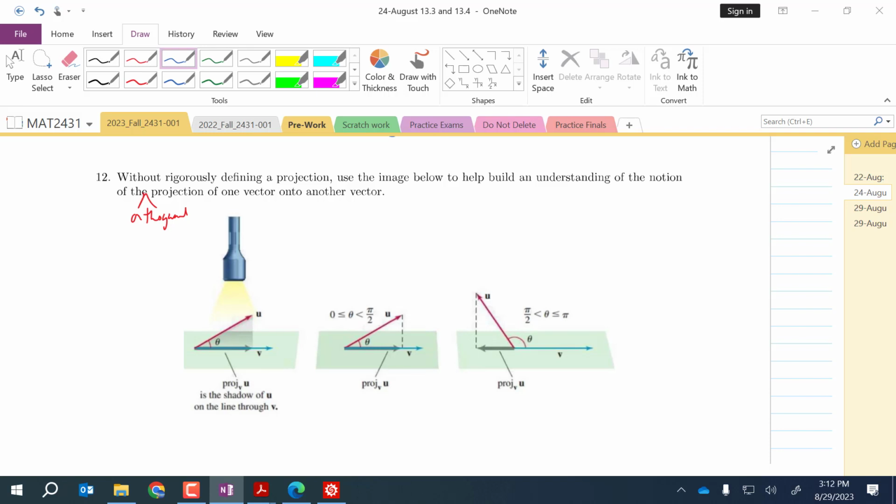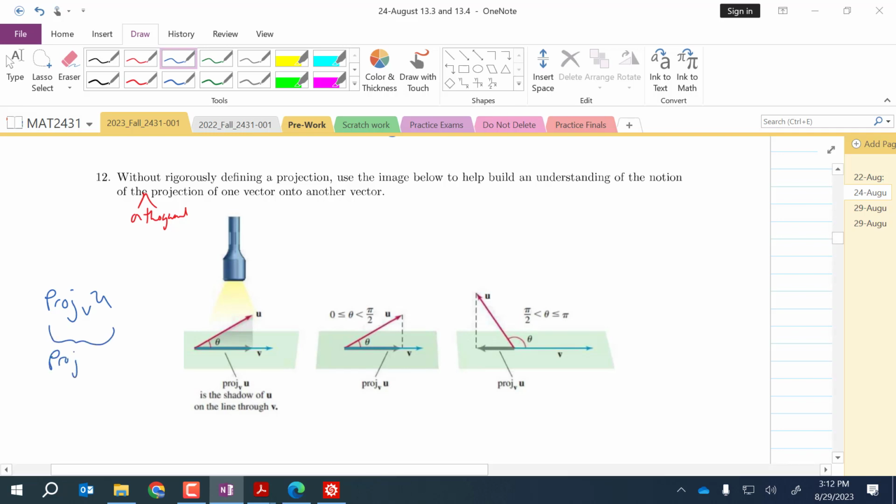So first of all, we're going to write that as the projection of vector u onto vector v. That notation's a little bit strange, and I don't know that it's consistent from book to book. How do we read this, folks?